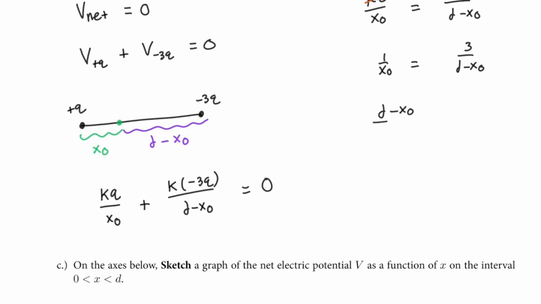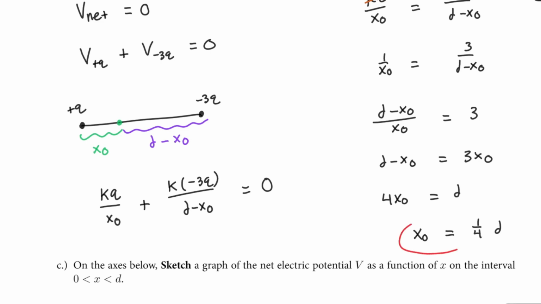So we'd get d minus x0 over x0 equals 3. Cross multiplying would have done this better, I see in hindsight, but d minus x0 would be equal to 3x0. So 4x0 would be equal to d. So x0 would just be exactly 1/4 of the distance between the two charges.